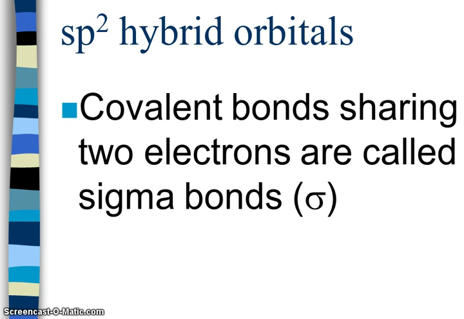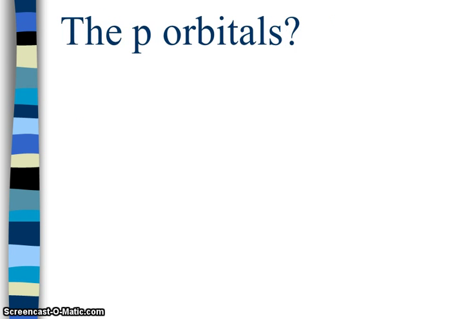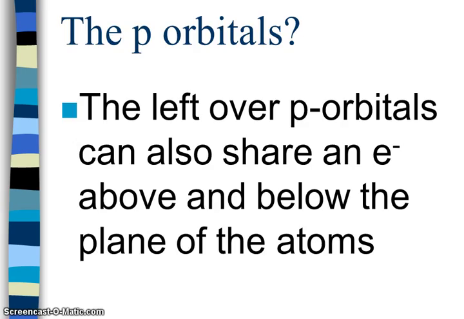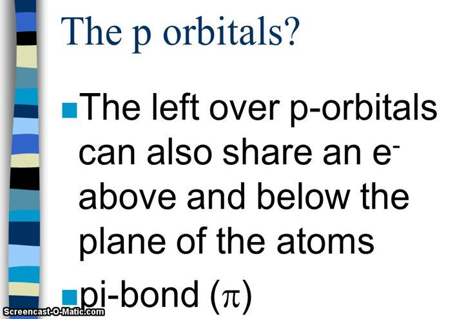Covalent bonds are a sharing of two electrons, and they're called sigma bonds. But that leftover p orbital can also share electrons above and below the plane of the atom. So what we're going to look at now is what's referred to as a pi bond.